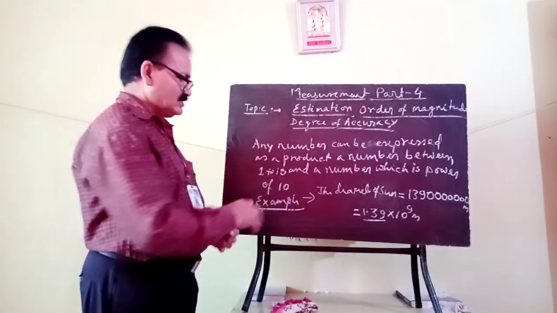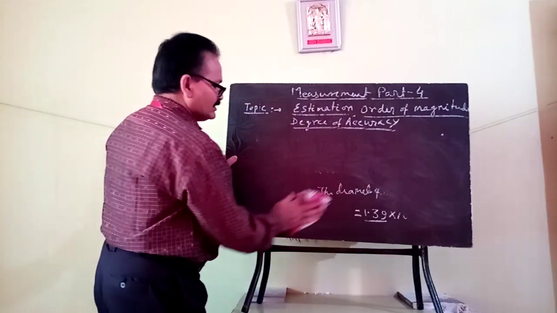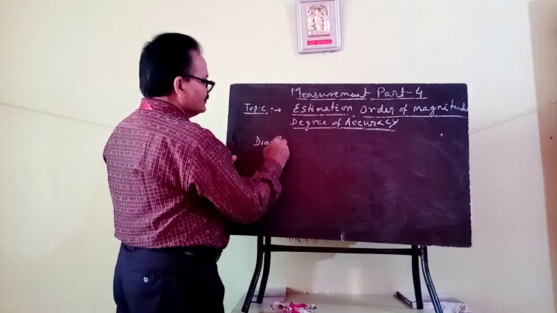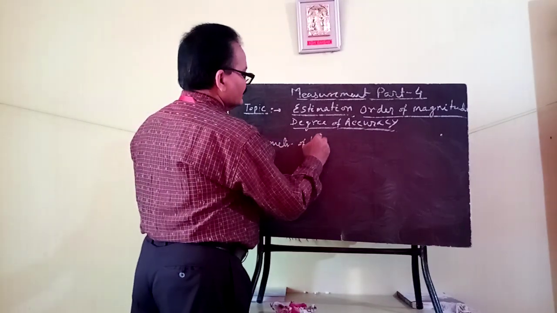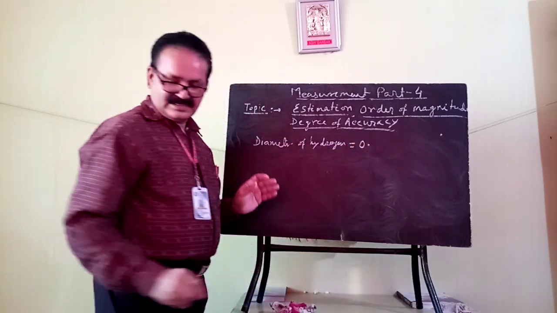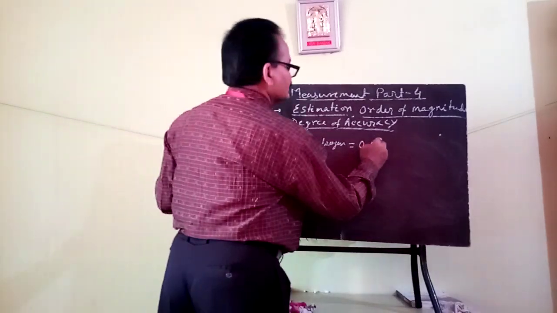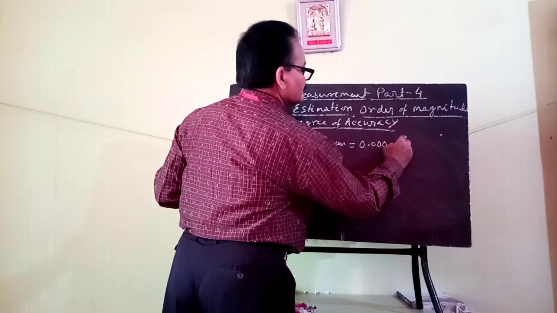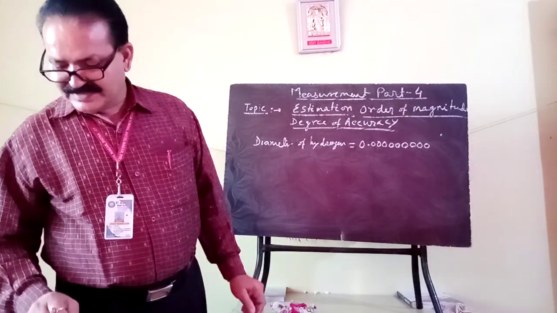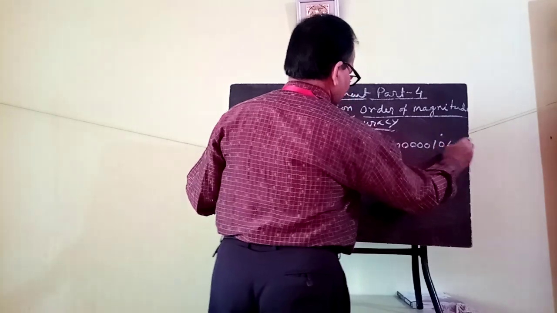Another example, the diameter of a hydrogen atom is 0.0000000001 06 meter, with 9 zeros after the decimal.